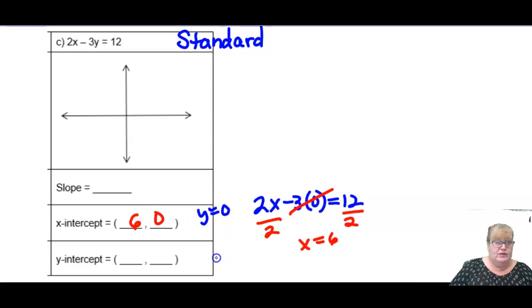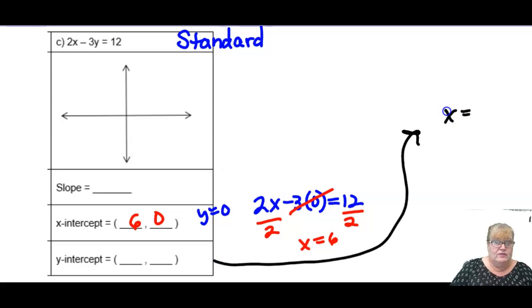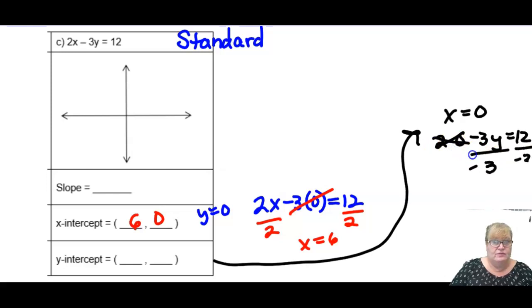For this one down here, do the work over here, we would have x equals 0 for the y-intercept. So we'd have 2 times 0 minus 3y equals 12. Again, 2 times 0 is gone, so we just have to divide by -3. We get y equals -4. So when we put a 0 in here, we got out a -4.